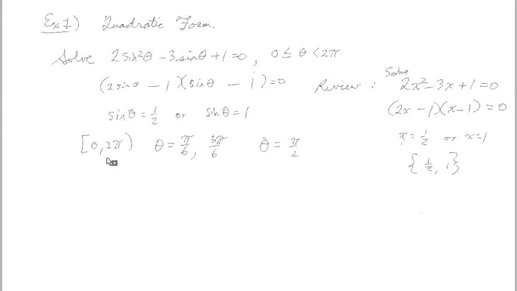That makes sense because if you look at your unit circle, sine of theta is equal to 1 right here at (0, 1), and sine of theta is 1/2 at 30 degrees and 30 degrees, which are these two angles.